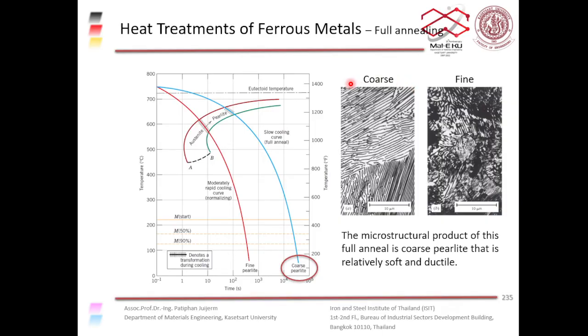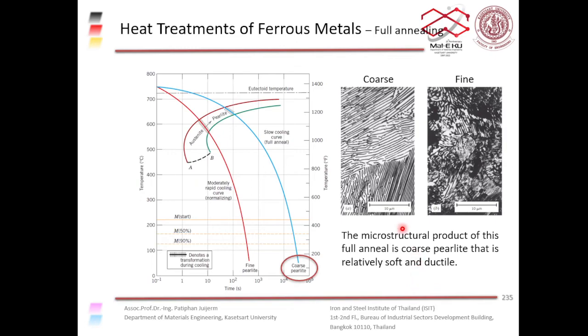Coarse means rough or big. A coarse pearlite means you get bigger pearlite grains, and that is a softer microstructure that you might get.